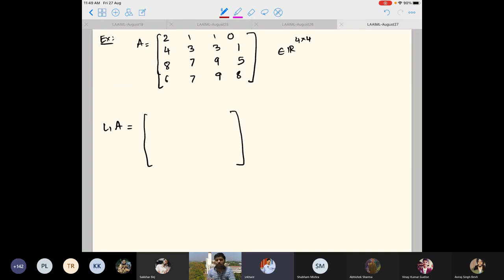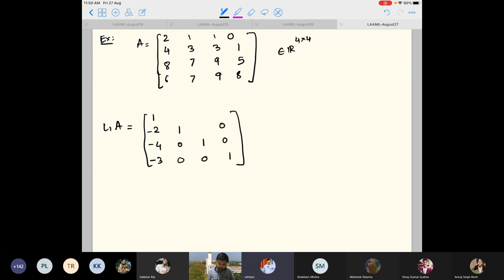Now if this is clear in your mind, what is the choice of matrix L1 that I'm taking? See carefully. I am writing this matrix L1 first. It is a 4x4 identity matrix, and in the identity matrix I am having -2 here, -4 here, and -3 here. All other entries are 0.